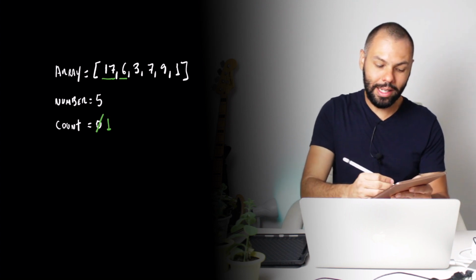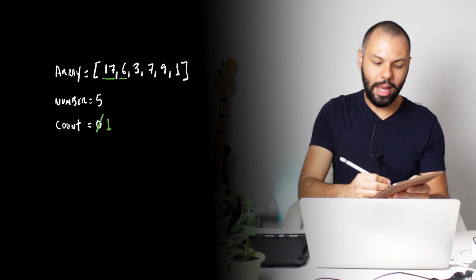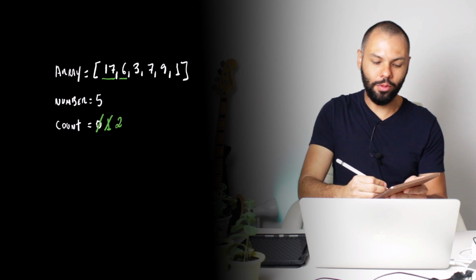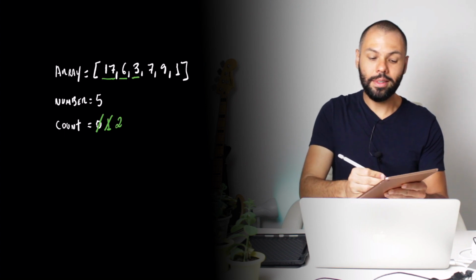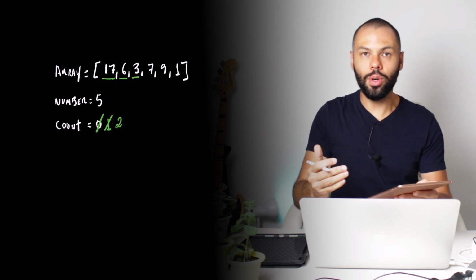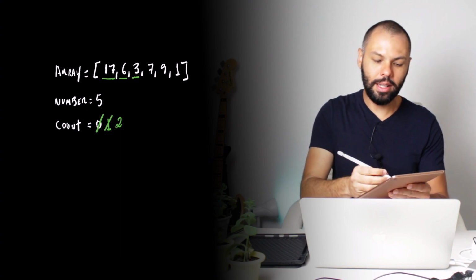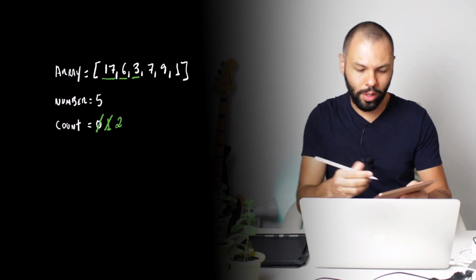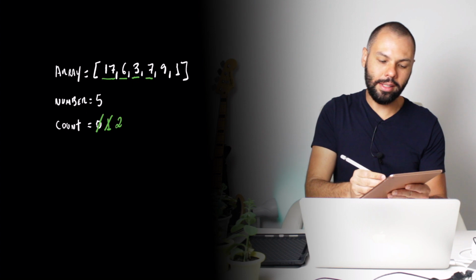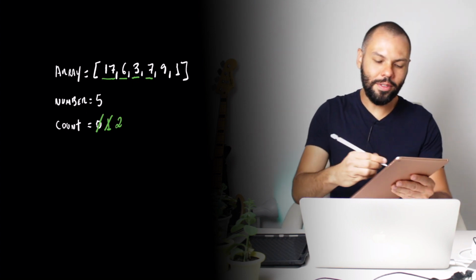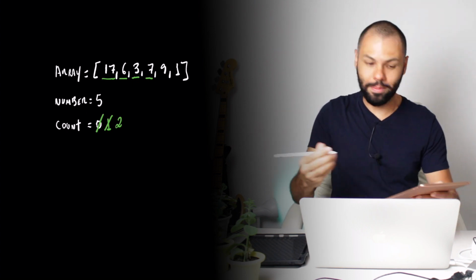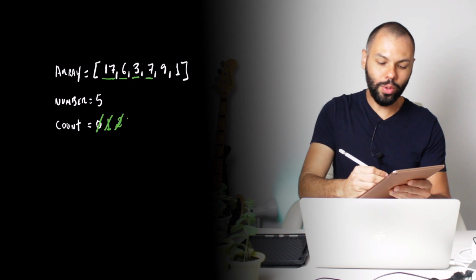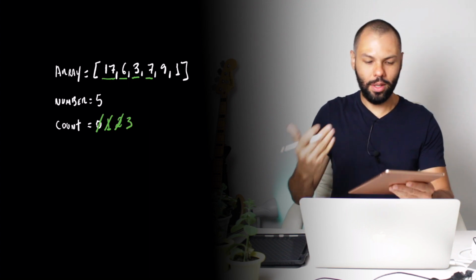So let's replace the count variable, 1 plus 1, 2. Next: are you greater than 5? No, I'm not. So let's go to the next one and ask again: are you greater than 5? Yes, I am. Let's change 2 plus 1, 3.